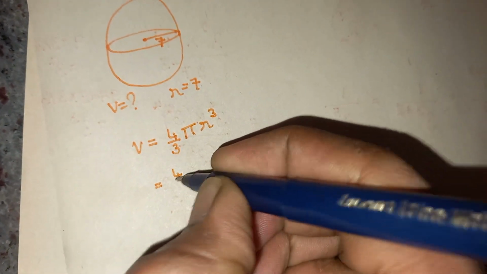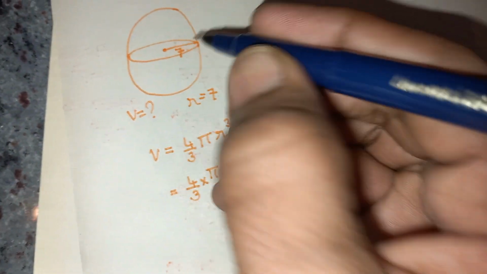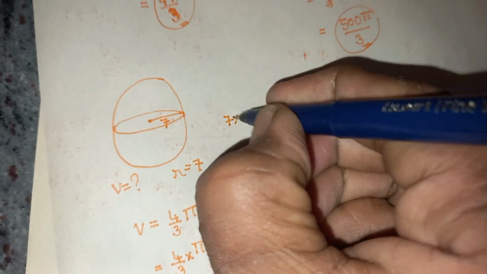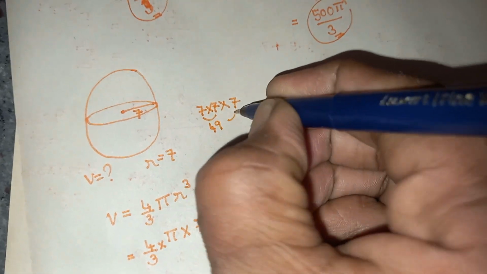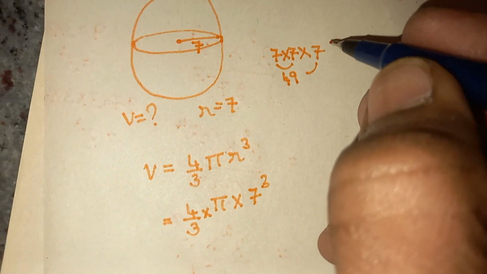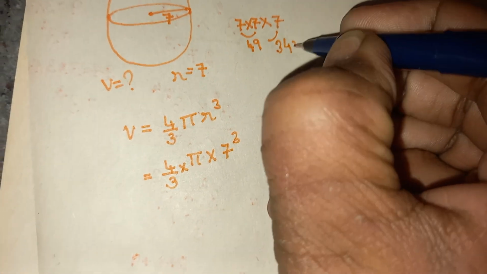This is equal to 4 by 3 times pi times, the radius is 7 units, so it becomes 7 cube. 7 cube means 7 times 7 times 7. 7 times 7 is 49. 49 times 7 is 343.